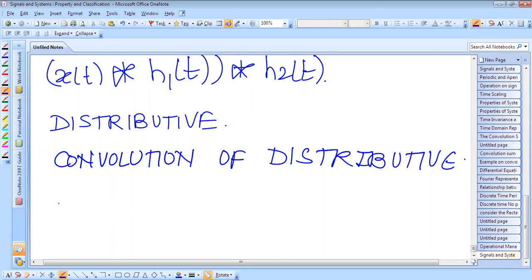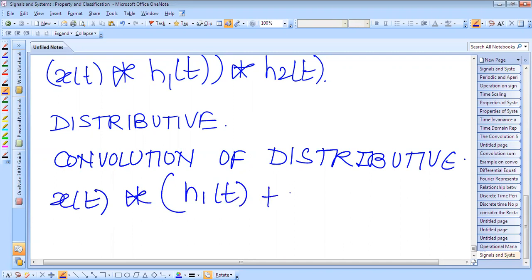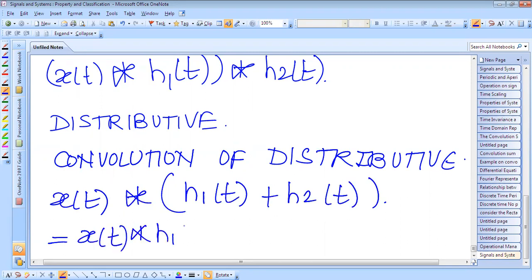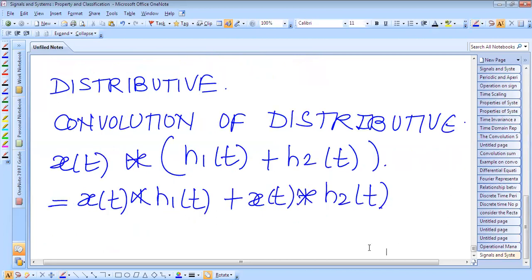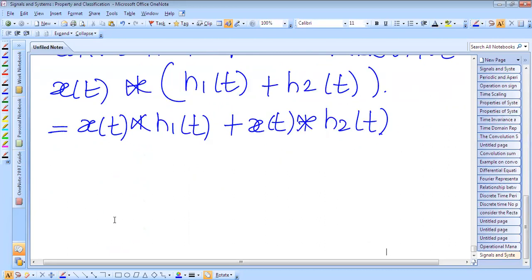This we can write here, x of t convolved with h1 of t plus h2 of t, and therefore this further we can solve. This will become x of t convolved with the first impulse response h1 of t plus input x of t again convolved with the second impulse response h2 of t. This is the distributive property.